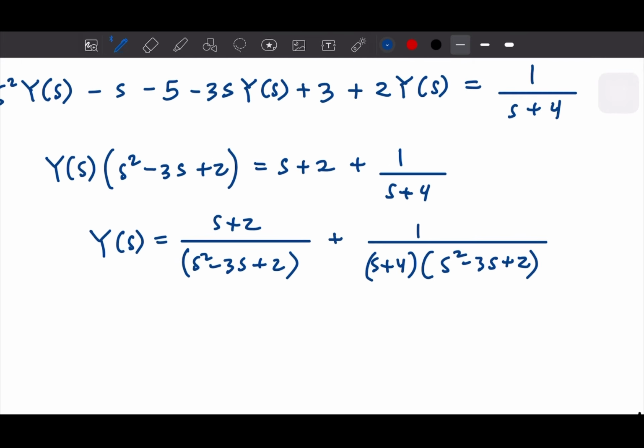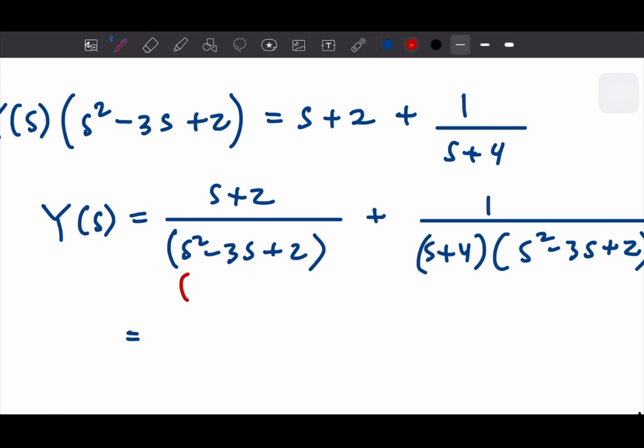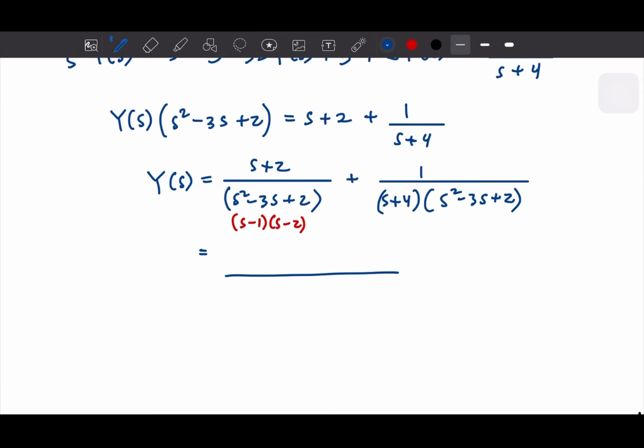Okay, and then I think we can factor this part, right? This is s minus 1, s minus 2, right? Okay, so we can take the factor and we can combine these two all together. So s minus 1, s minus 2, and then s plus 4. Right, it's getting too long.